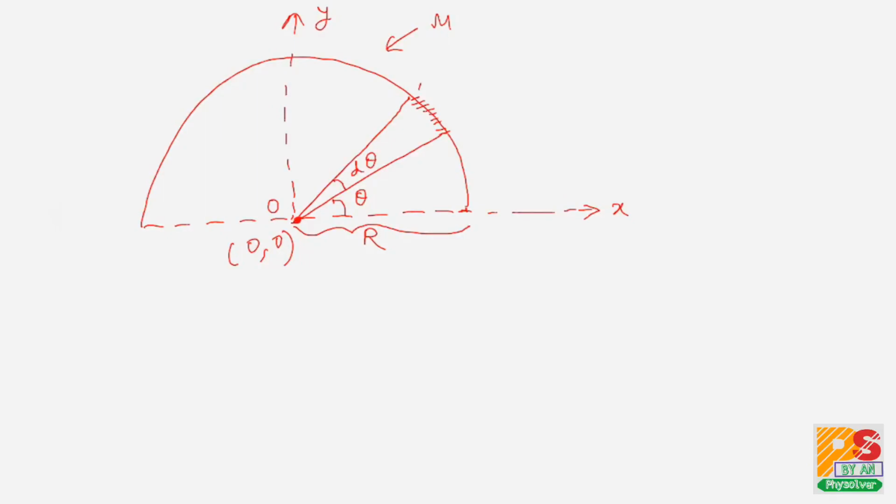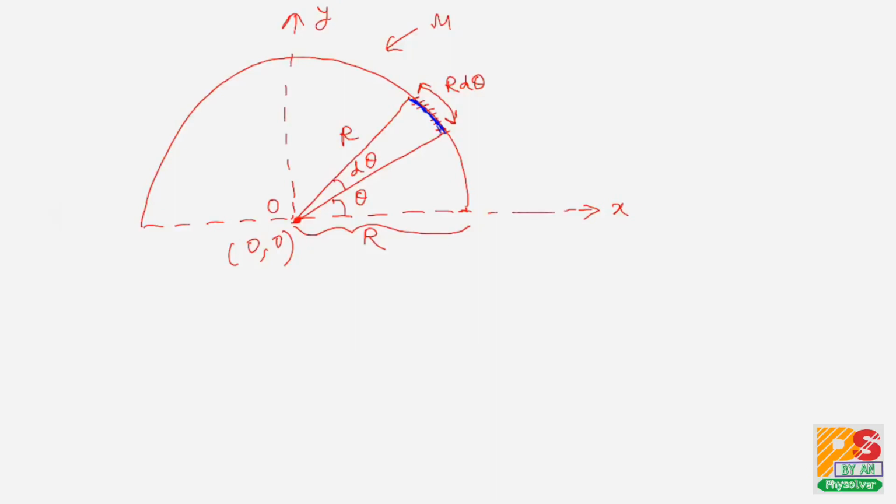And this small element of mass, suppose, subtends an angle d theta at the center O. Now this is radius r, so I can say that the length of this element is r d theta. We know the length of an arc of a circle, so the length of this element is r d theta. This is the element.